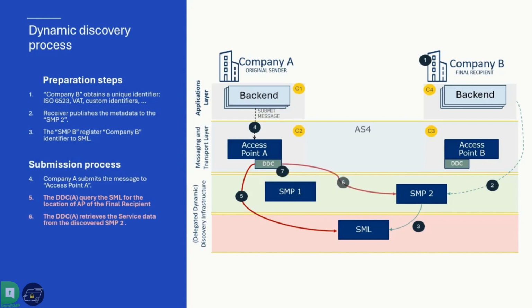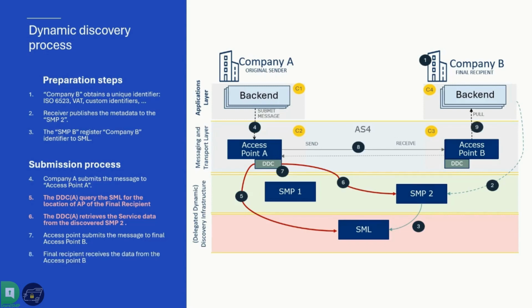In subsequent step 6, the dynamic discovery client initiates an HTTP request to SMP2 and retrieves the company B connectivity data, which point to access point B. Once the data are obtained, access point A uses them to successfully submit the message to access point B, where in the last step, company B retrieves the message. In this guide, we'll delve deeper with hands-on experience into steps 5 and 6 of this process.